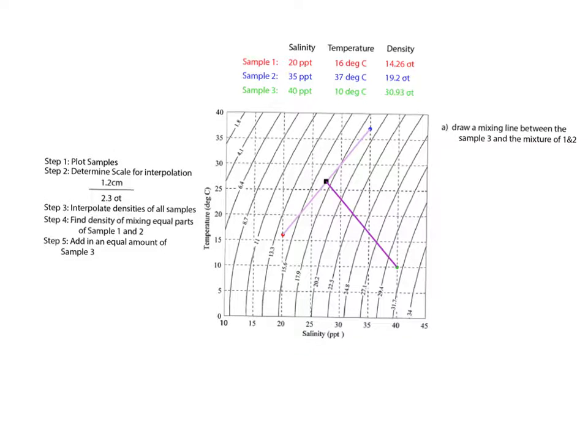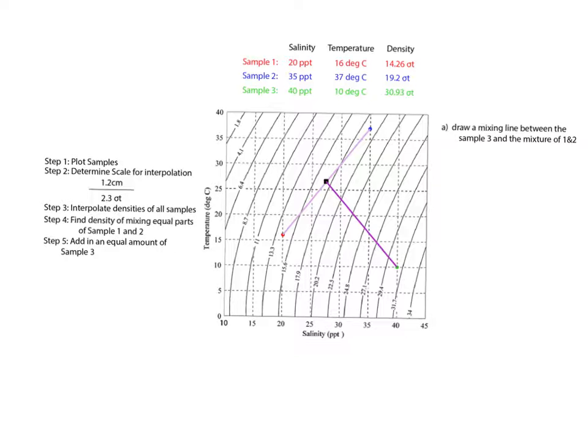Now, in this case, we're mixing 200 milliliters of the black box sample and only 100 milliliters of the green sample number 3. Therefore, the resulting sample has to be more similar to the black box sample than it is to the green sample.